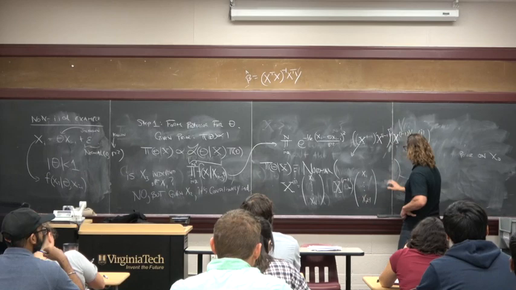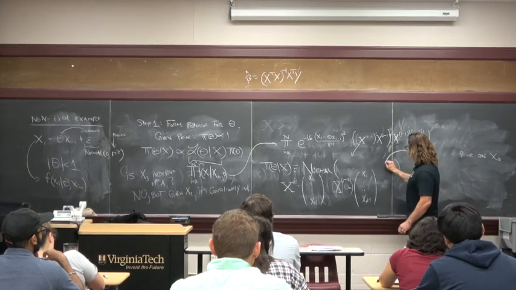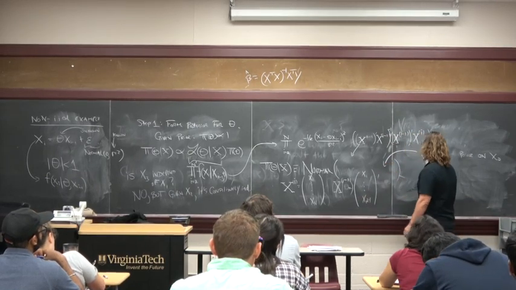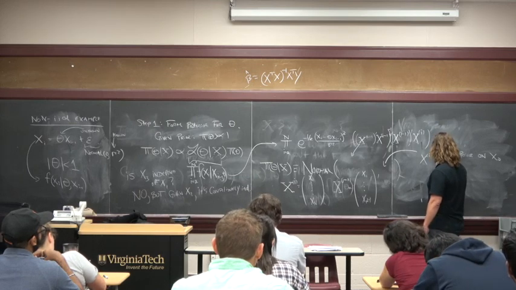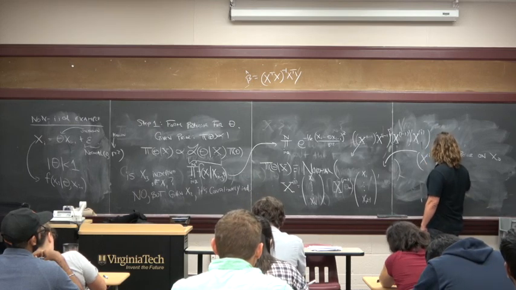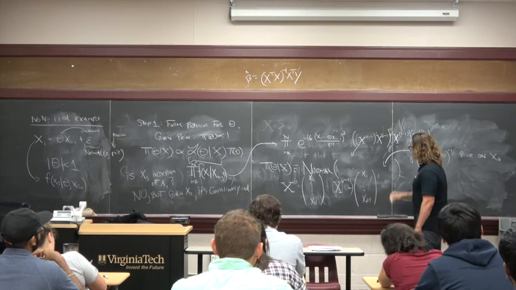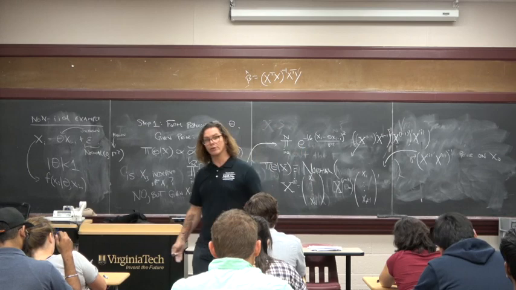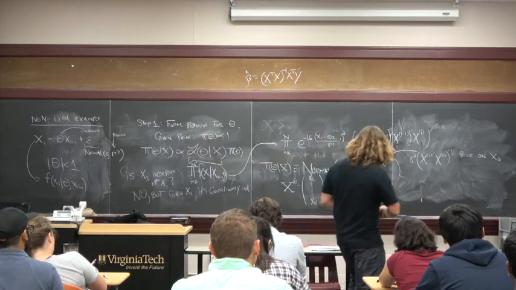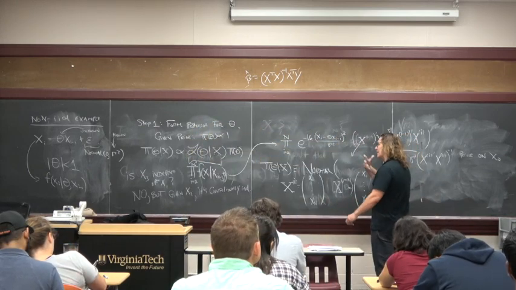Does anybody know what the variance is right here? It's just xi transpose xi inverse sigma squared. So these are regression equations, and you would have come up with this on your homework. That's the non-IID case.